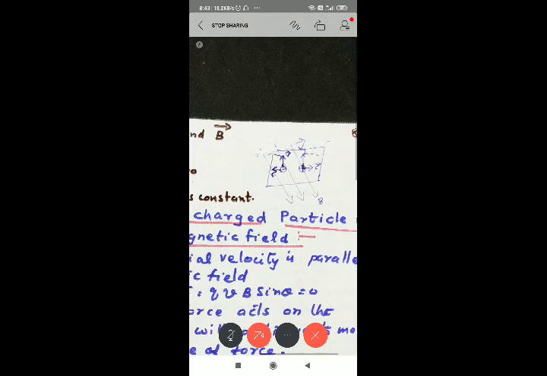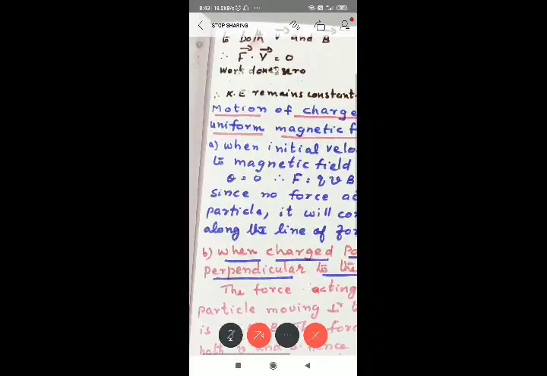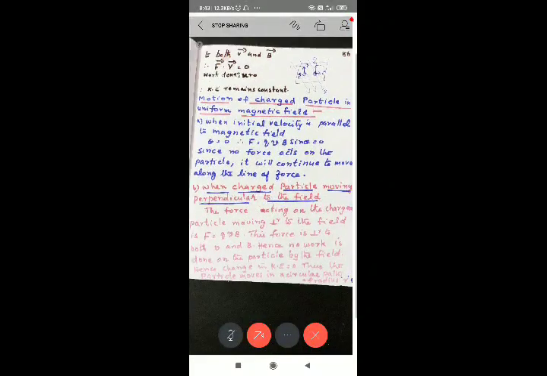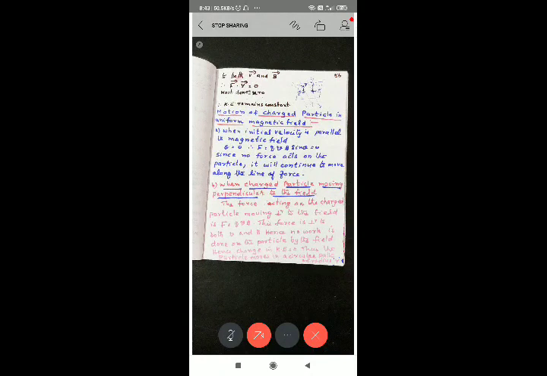Very, very important result that we will be discussing in the next cases also. So, motion of a charged particle in a uniform magnetic field. When the initial velocity is parallel to the magnetic field, theta equal to 0, so BQV sin 0 becomes 0.